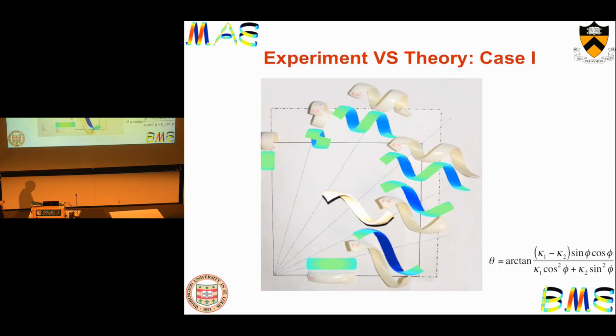So here I'm showing you the comparison between experiments, the white ones, and the theoretical predictions. So we can see that when the misorientation angle is 0 and 90 degrees, we have ring structures.